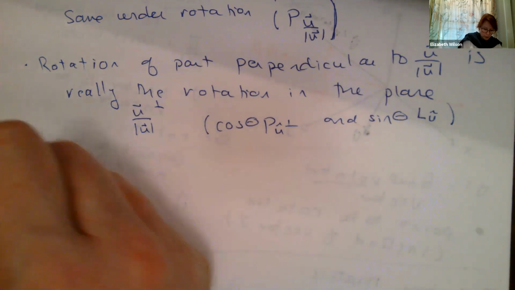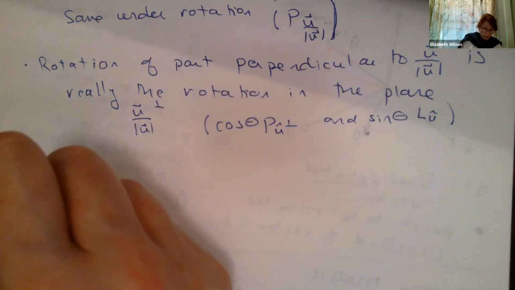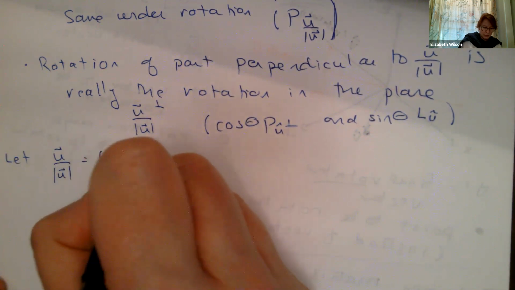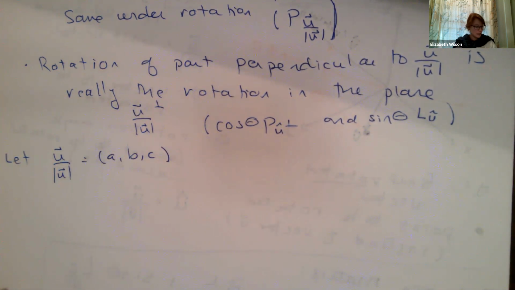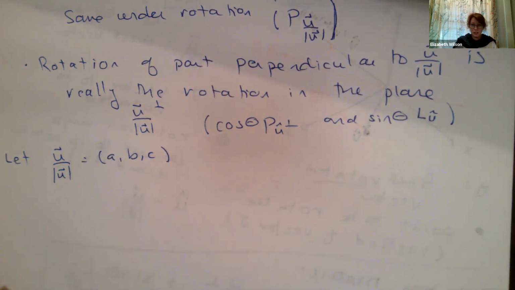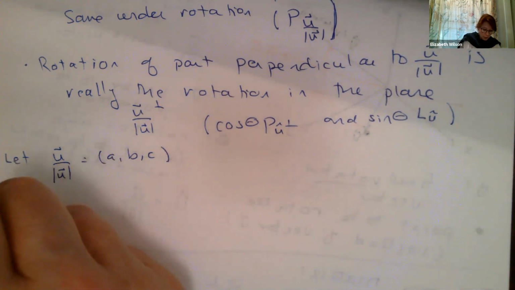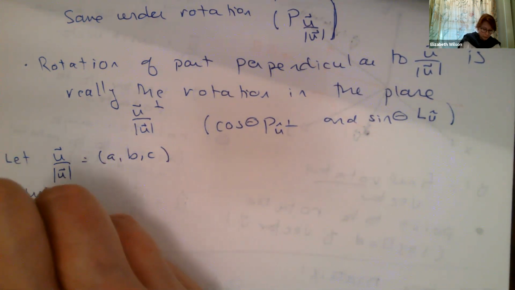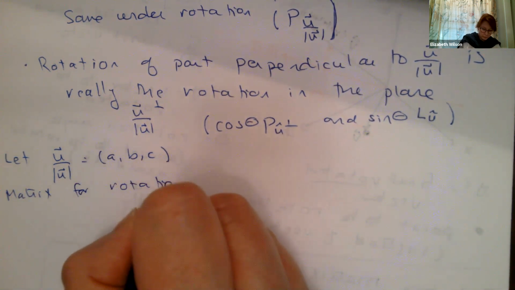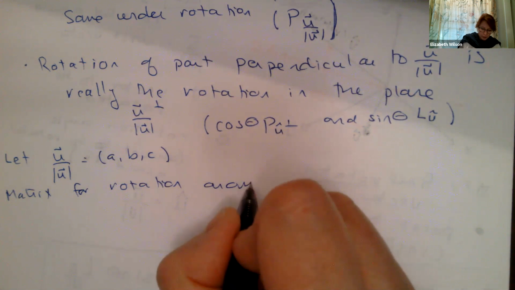And then we're going to let our unit vector have components A, B, and C for X, Y, and Z. It's important because I'm going to use A, B, and C in this equation here. Now I'm going to give you this matrix for rotation around this line.